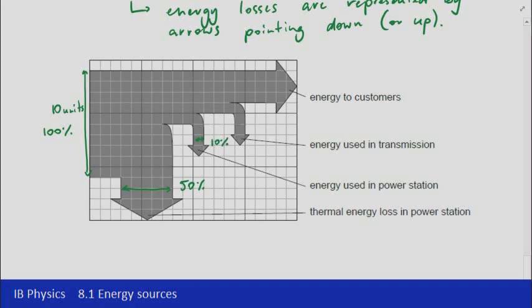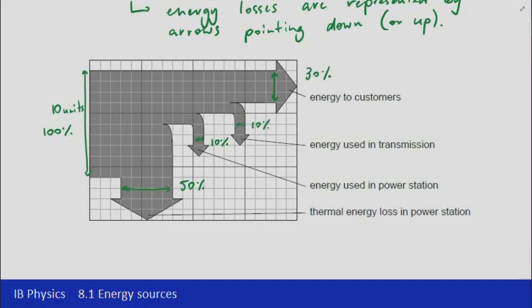Likewise, energy used in transmission, so getting that power from the power station out to the user. And so in the end, you can see that the width of the arrow for energy that's made it to customers is only 30%. So 100% of the energy input gives you a 30% output.